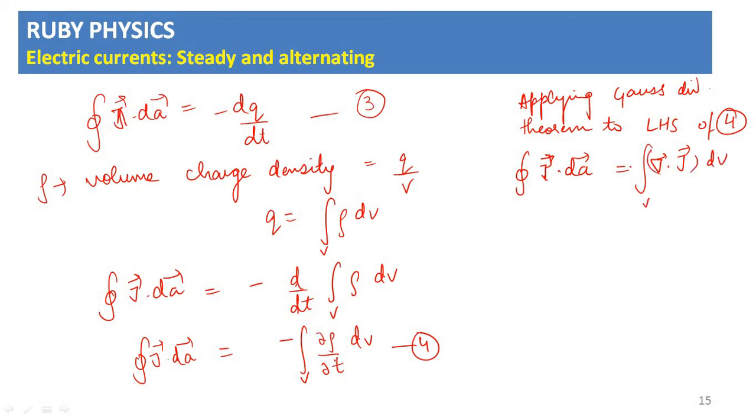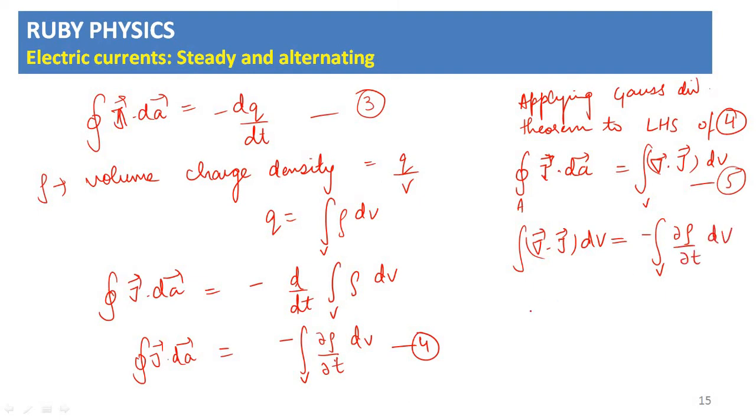So we have converted this surface integral into a volume integral. Now put this value, equation 5, into 4, and you will get the integral of del dot J dV is equal to minus the integral over V of partial rho by partial t dV.